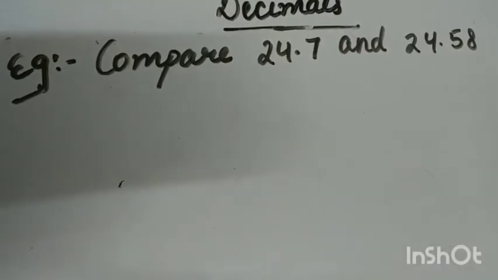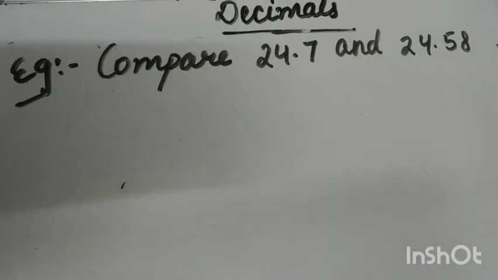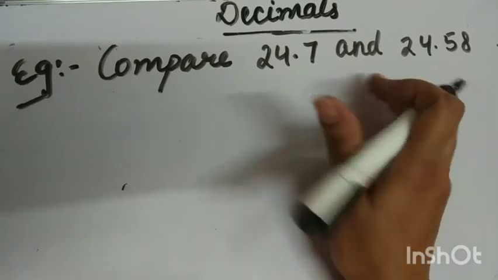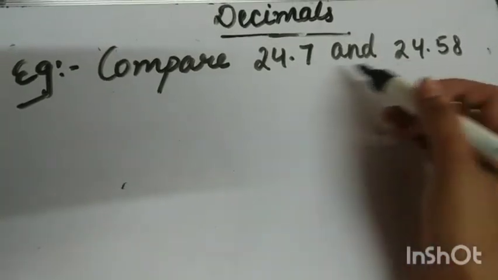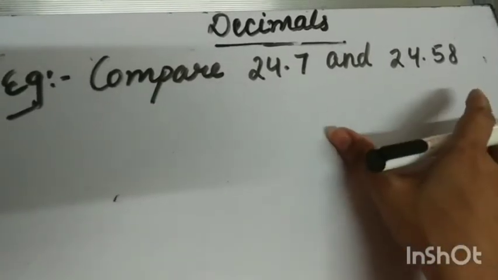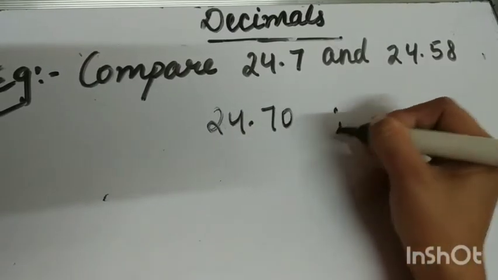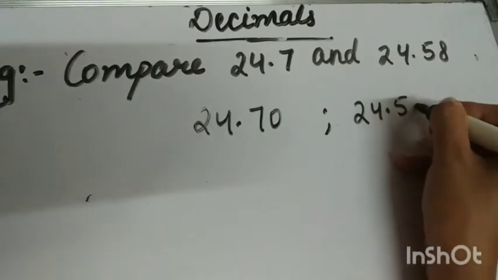See this example. Compare 24.7 and 24.58. Both these decimals are unlike decimals because the number of digits after the decimal is unequal. So the first step is to convert them into like decimals. So it becomes 24.70 and 24.58.